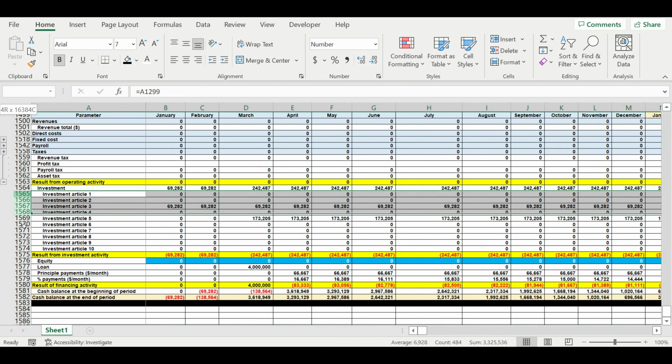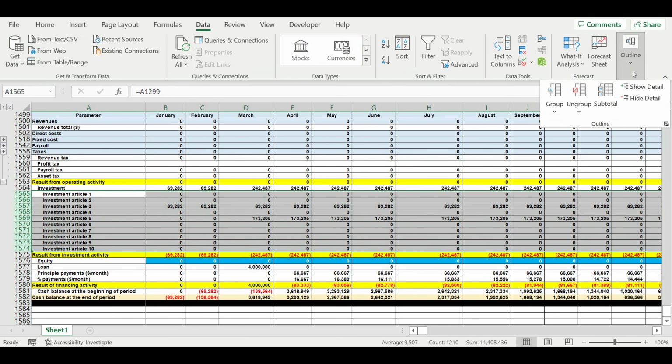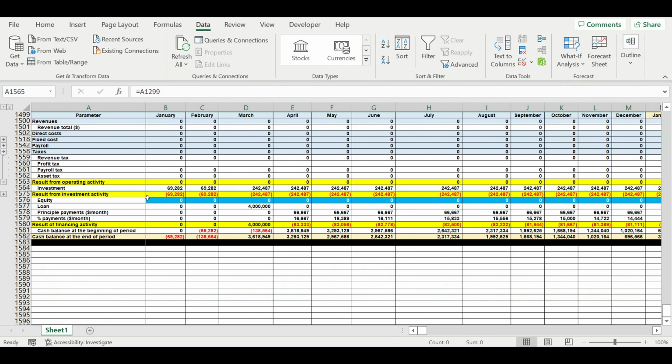So I will just group this story. Group. We still need to calculate the profit tax.